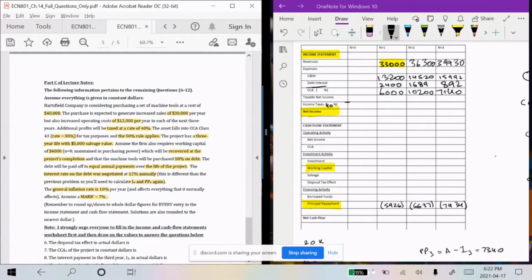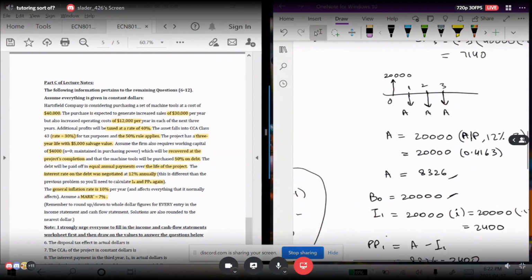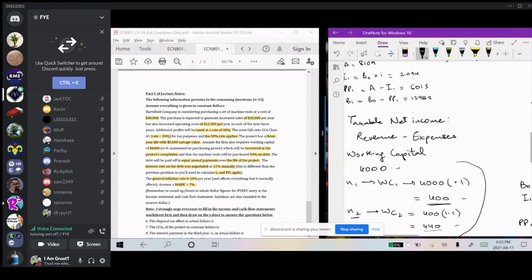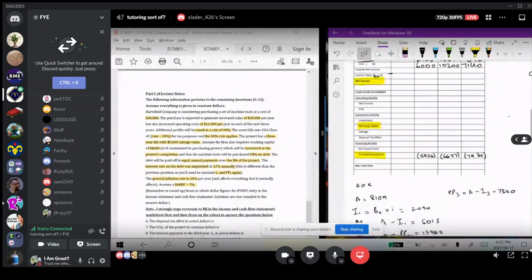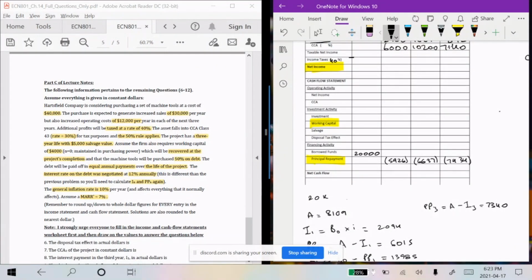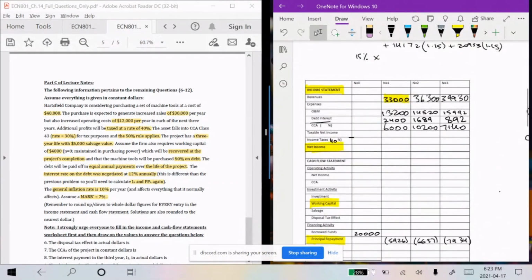So that's how much we're borrowing, right? That's how much we took right here. Here we go. The P, we took it as 20,000. That's what you just put there, okay? The borrowed funds, 20,000. Okay. This is not something we're paying. This is something that we got, so it's not in brackets. Right.